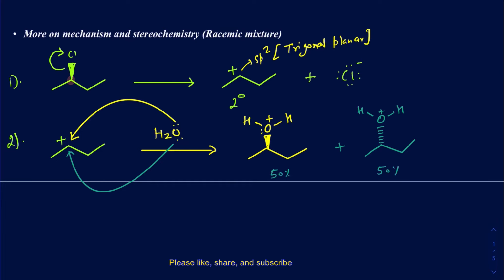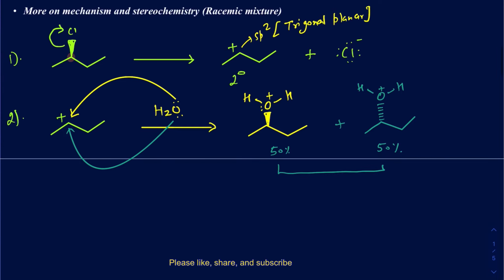Anytime you get 50% S, 50% R, you're going to be getting a racemic mixture. Now keep in mind, you may not get a racemic mixture if you have another chiral center already present in the molecule and you're not messing with that particular chiral center. If you have only one chiral center, when you make your products, you're going to be getting a 50-50 of those two, and you're going to be getting your racemic mixture.